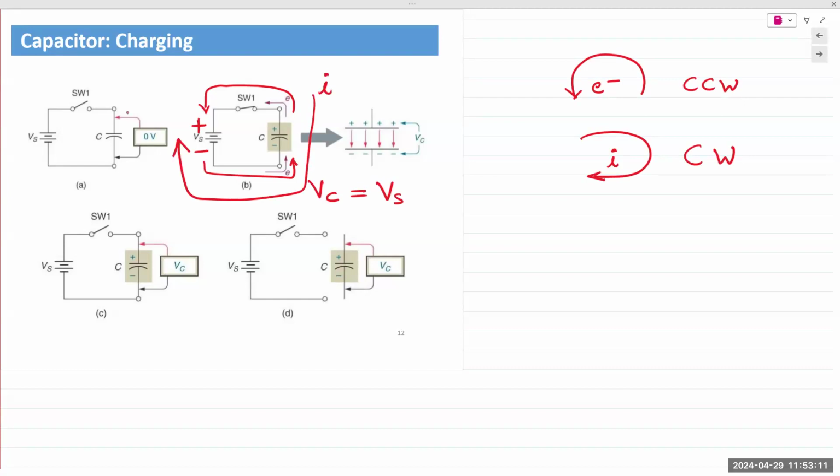For a capacitor, it's going from plus to minus, which makes sense because a capacitor is a passive component. It follows the passive sign convention. Current should always flow from plus to minus. When it reaches full charge, electrons stop flowing in the circuit. Current I goes to 0. So let's take a pause. Think on that. Let me know if you have any questions.